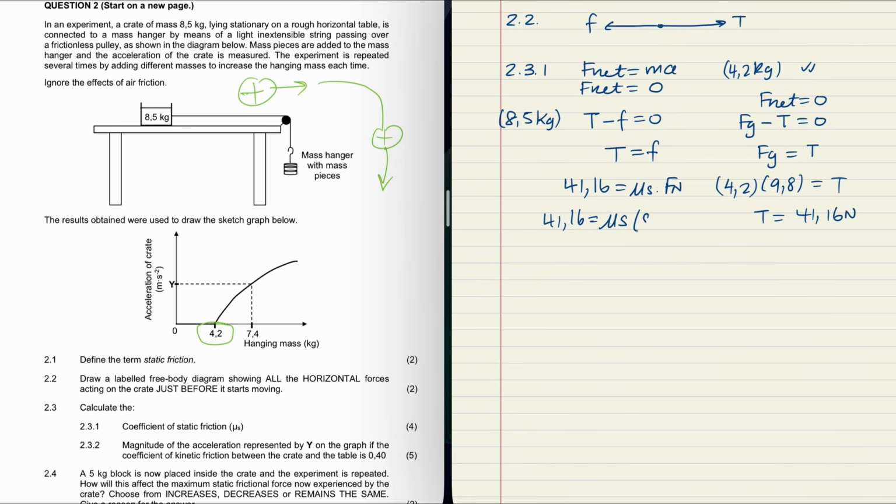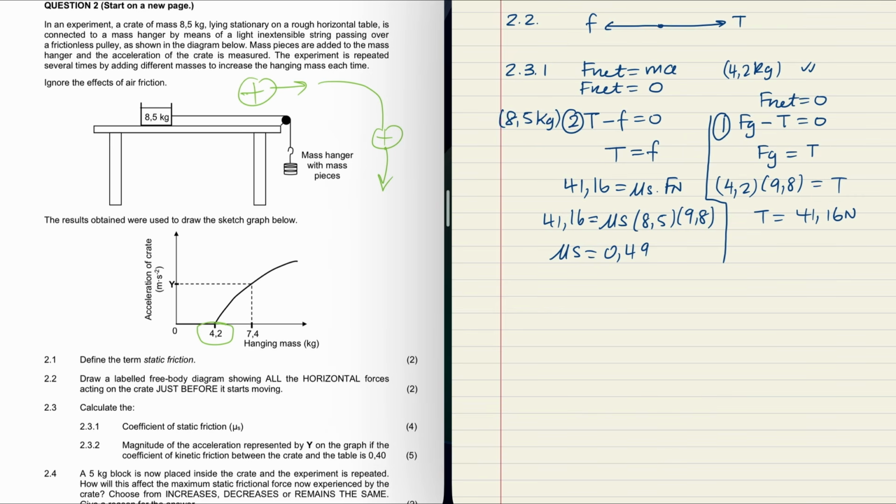So it's going to be 8.5 multiplied by 9.8. So we can solve for mu s, and that's going to give us 0.49. There's no units there. Let me just separate this so it looks a bit neater. So we start here and we end here.